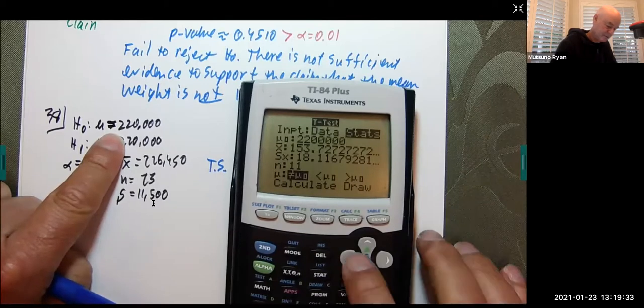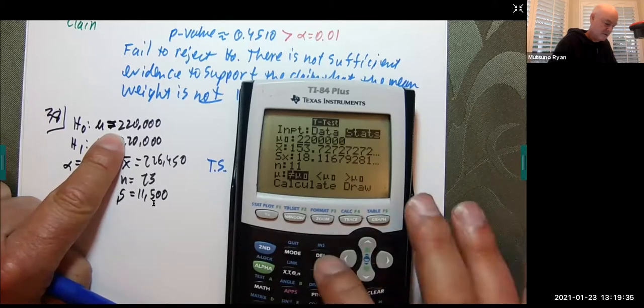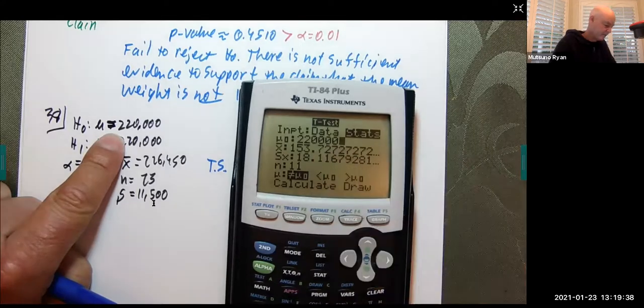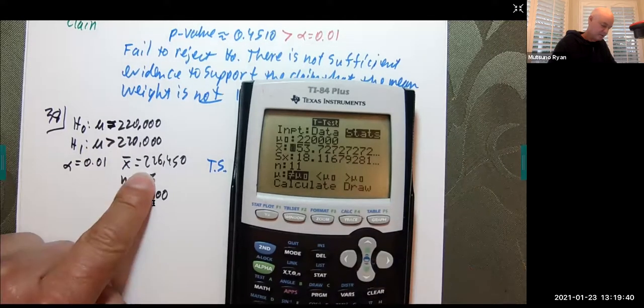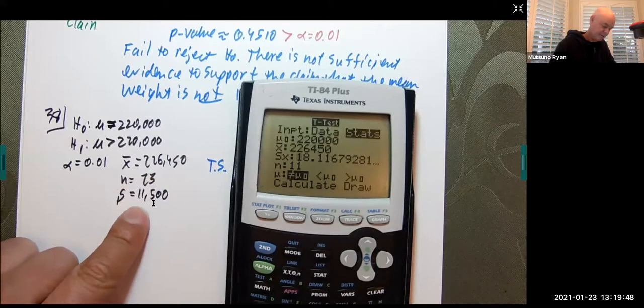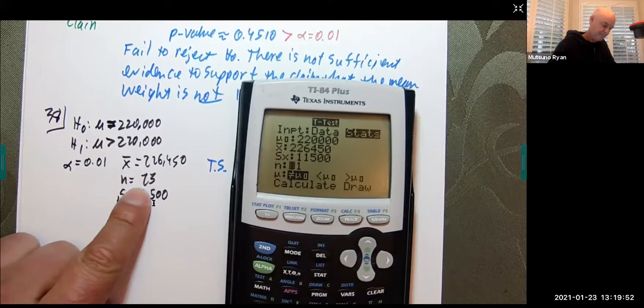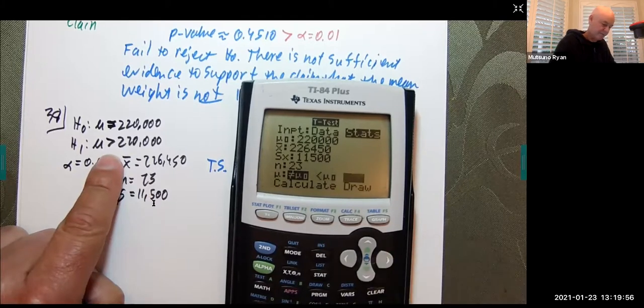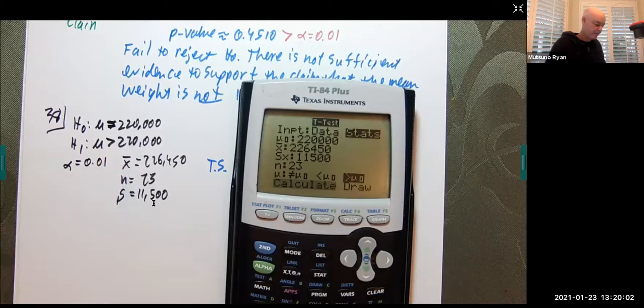Oop, I think I put too many. 1, 2, 3. Yeah. The mean 226,450. Standard deviation is 11,500. N is 23. And this one is greater than. All right, here we go.